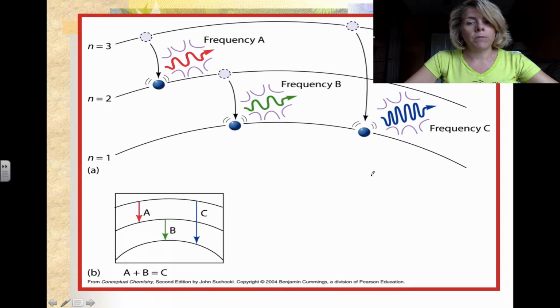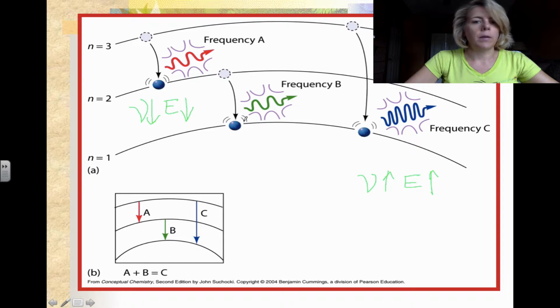Now, if frequency is high, so if nu is increased, what do you think happens to energy? Energy is increased. So on red, if you have a lower frequency, energy is going to be lower. And obviously, the green color is somewhere in between.